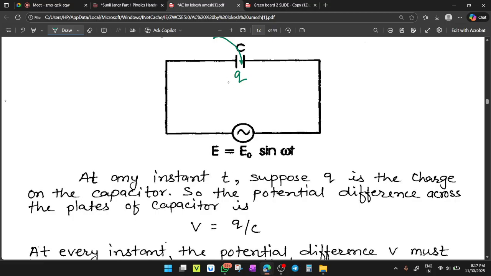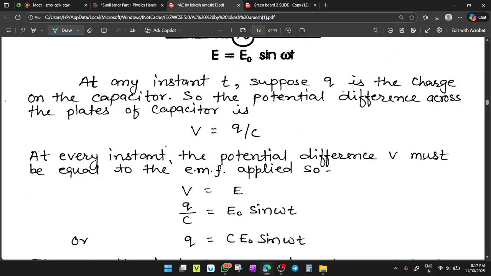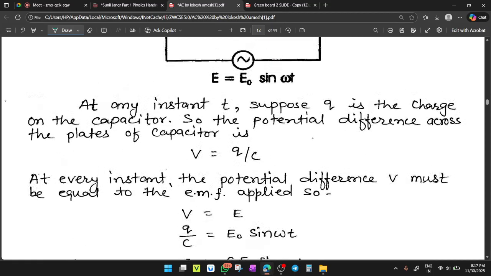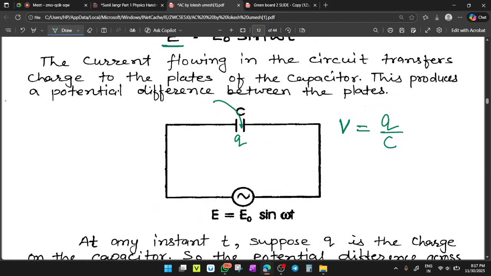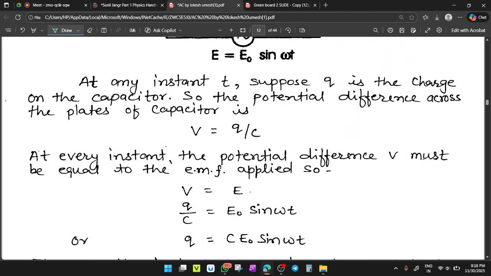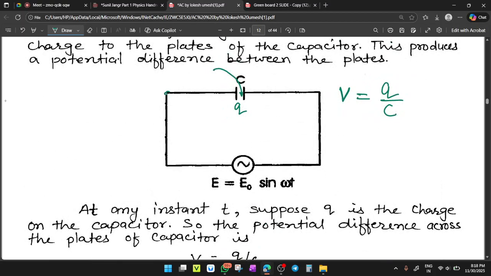But at any instant of time, the voltage across the capacitor is V equals Q upon C. This voltage equals E. As it is connected in parallel, at every instant this potential difference V must be equal to the applied EMF.